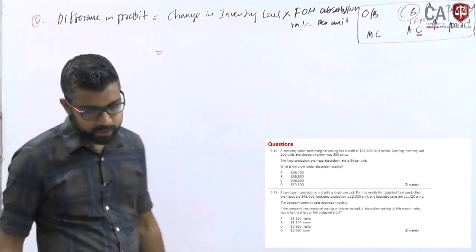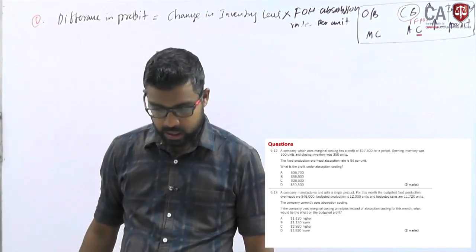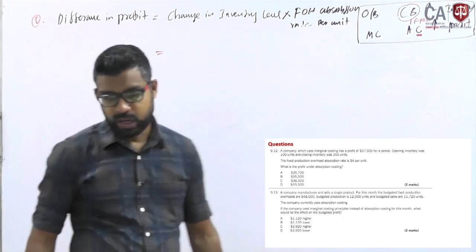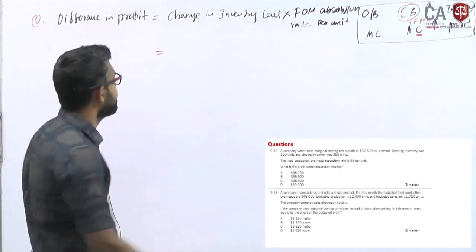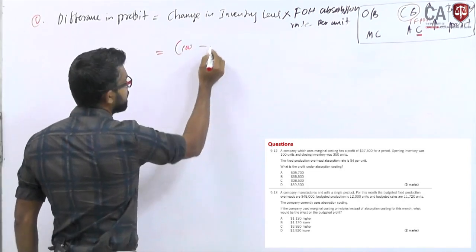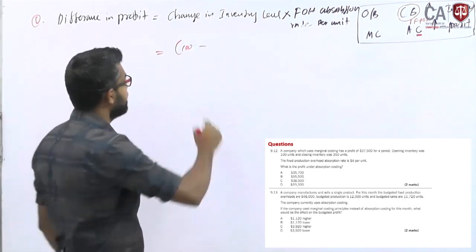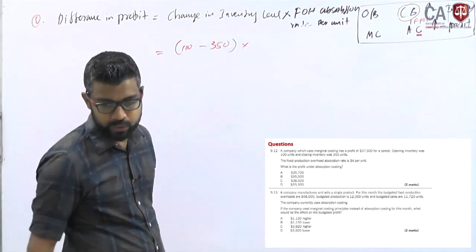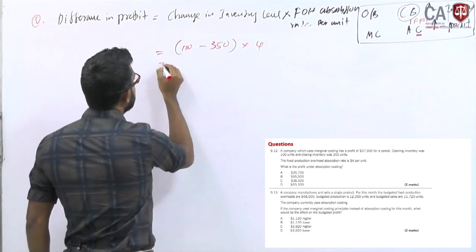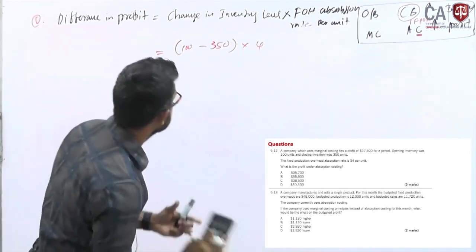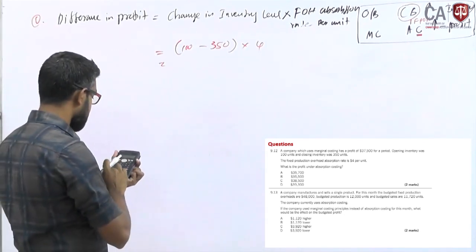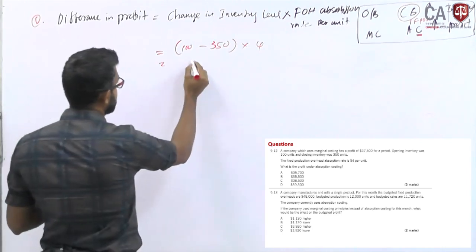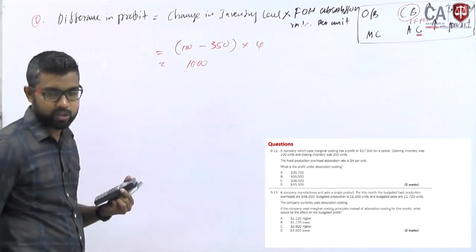Change in inventory, how much? Opening inventory 100, closing inventory 350, so the change is 250 units. Absorption rate they have given is 4, so the change in profit is $1,000.